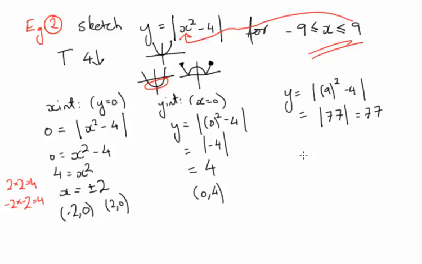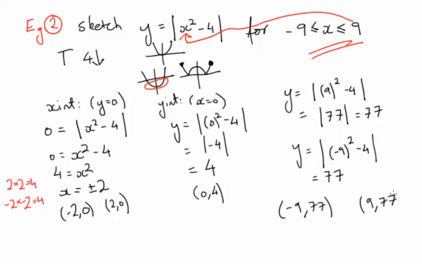Next, let's sub in negative 9. Well, I hope you can guess what answer this is going to give, given the previous answer. 9 squared is 81, so negative 9 squared is 81. So we get 77 again. Let's put in our endpoint. So we've got when x is negative 9, y is 77, and when x is 9, y is 77.